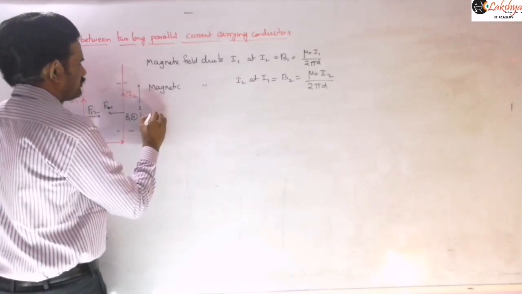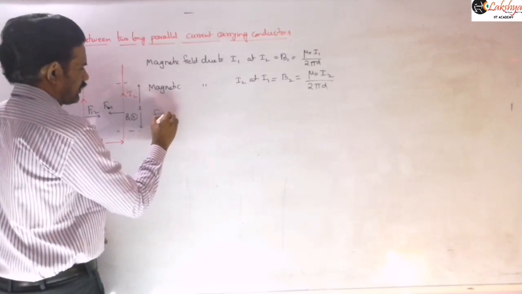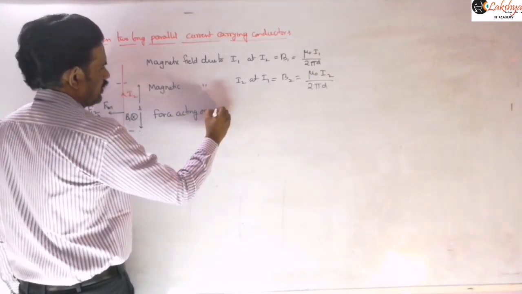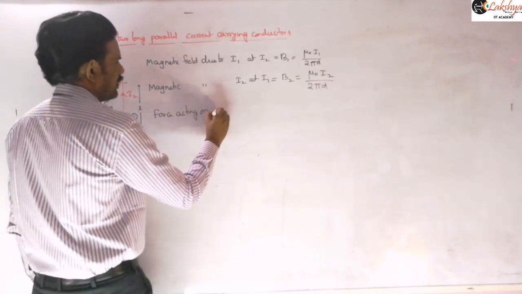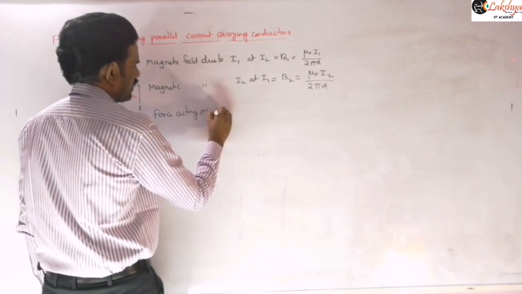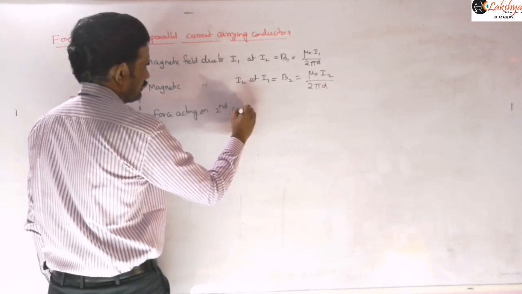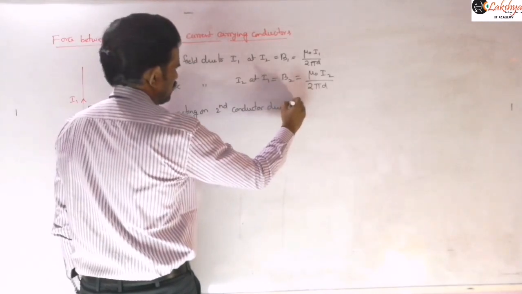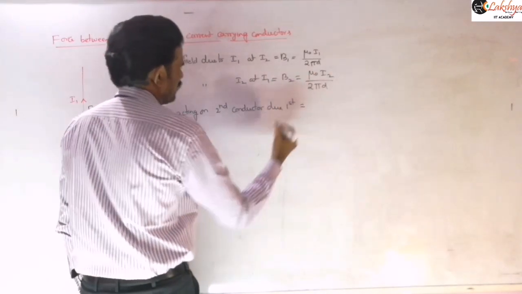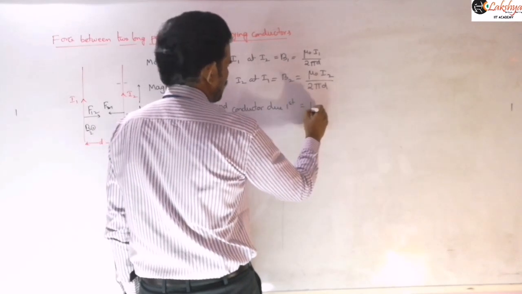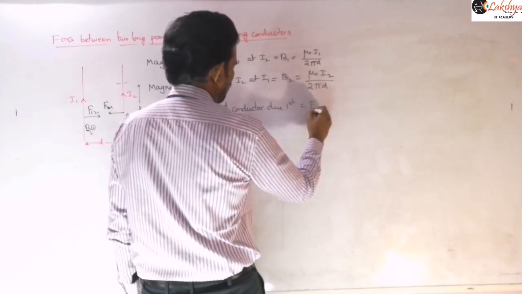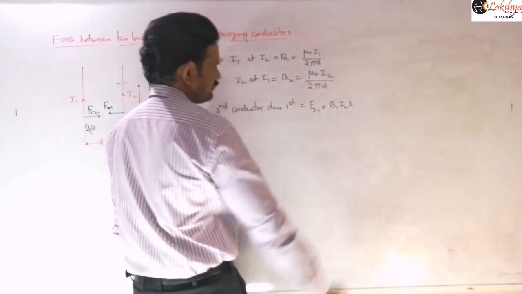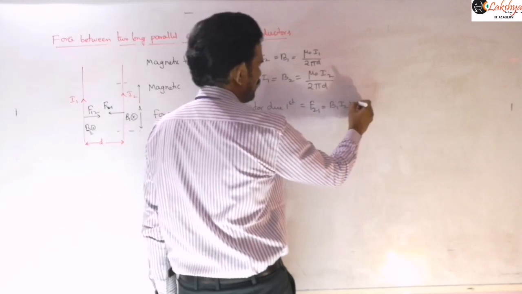So that means now, the force acting on the second conductor due to the first one. This value we can write as F2, that means F21, equal to B1 into I2 into L, B I L sin theta you need to write here.